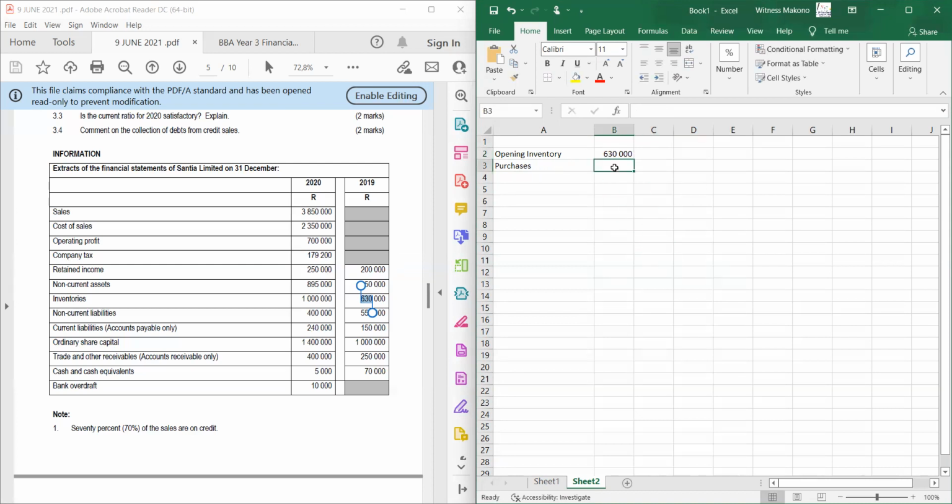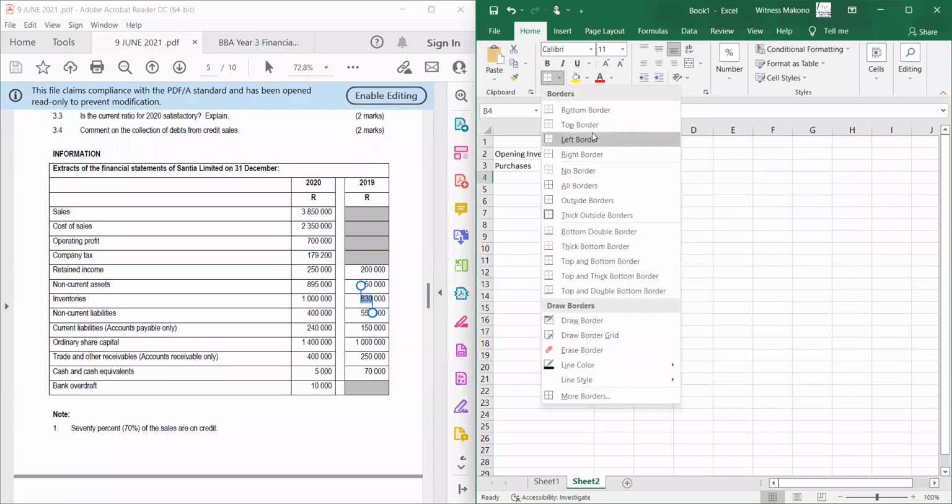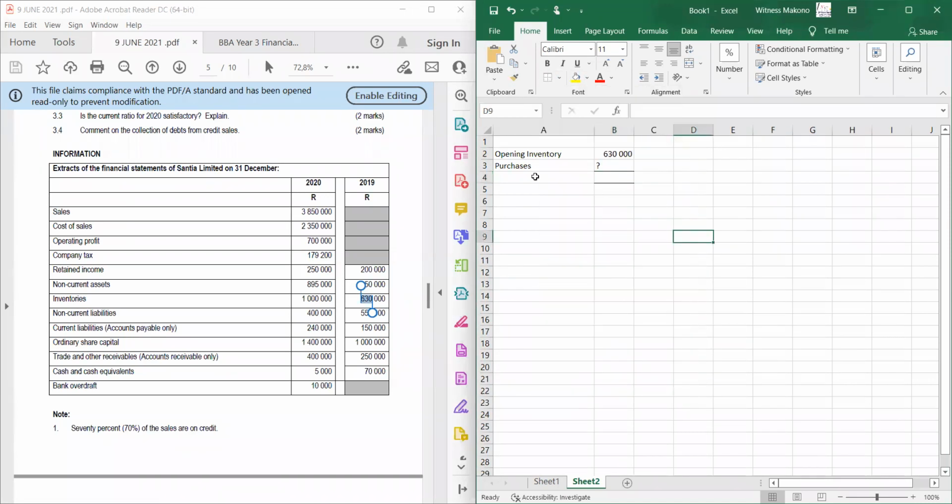And then purchases, we don't know what you purchased. But at the end of the day, you had a closing inventory. So the figure that you get is goods available for sale. Right. Then, how many did you sell?